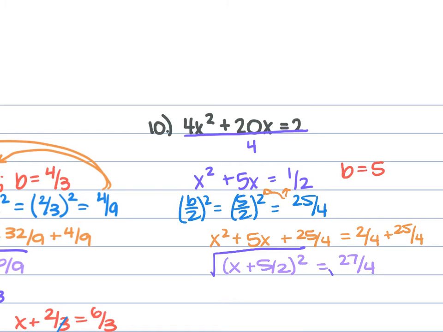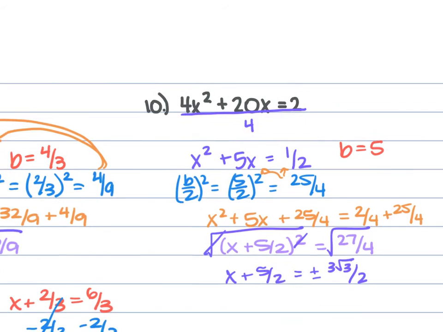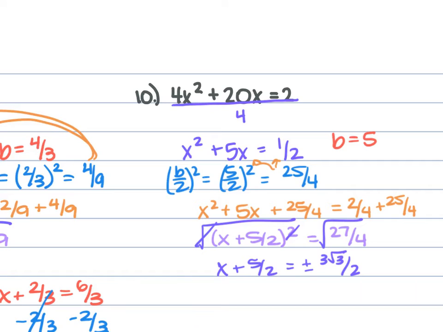I take the square root of both sides. It cancels out my exponent, so I only have x plus 5 over 2 is equal to plus or minus 3 square root 3 all over 2. The 27 is 3 and 9. The 9 is 3 and 3, so that's where I'm getting the 3 square root 3 over the 2 from. From here, I'm going to subtract the 5 over 2 from each side.